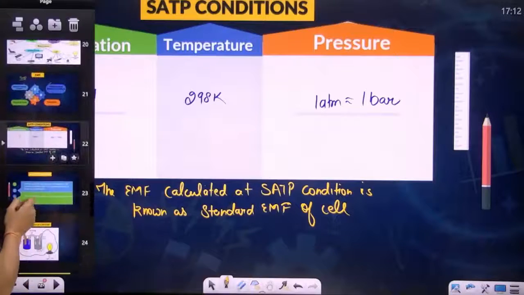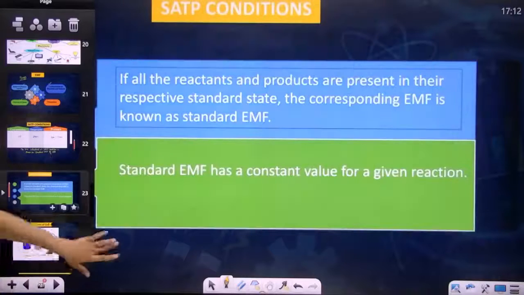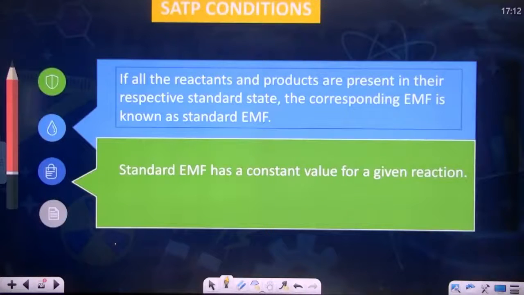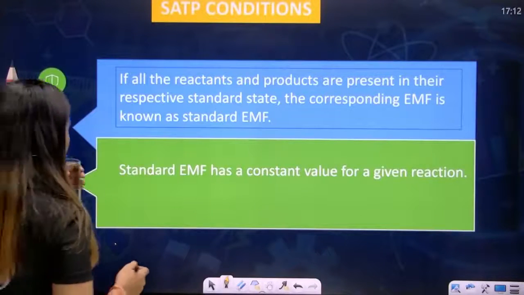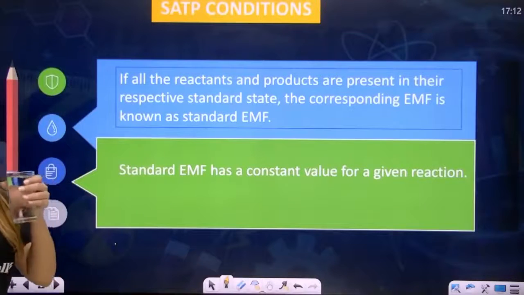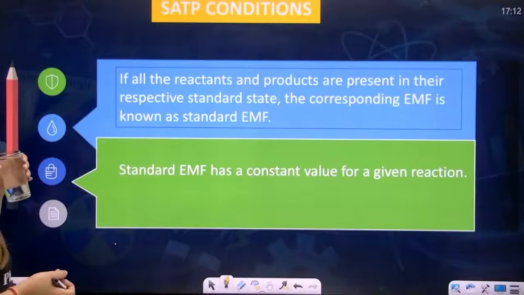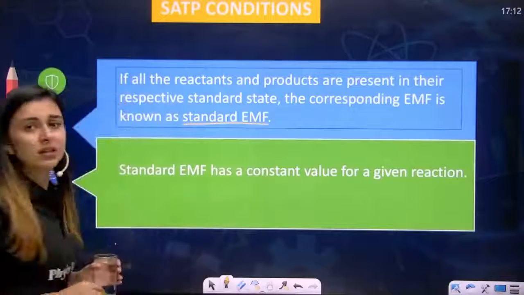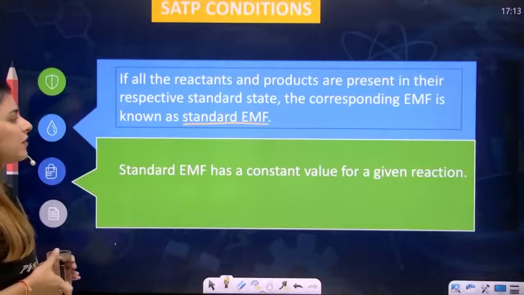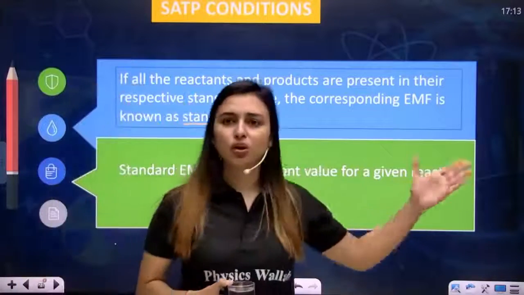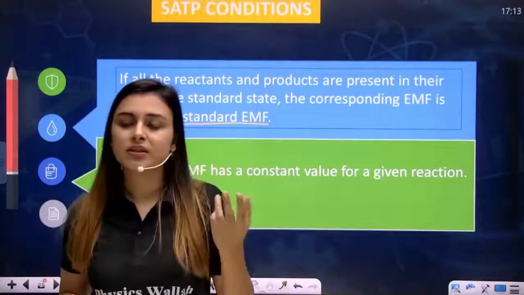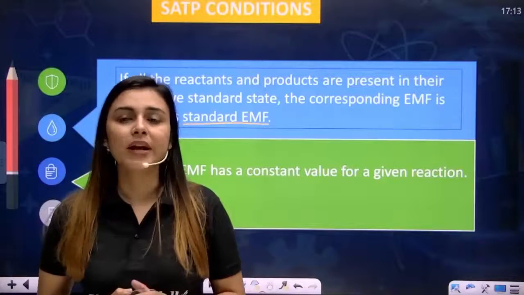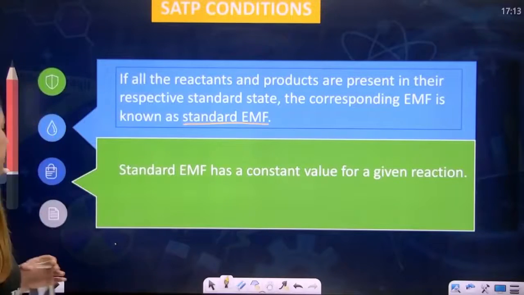SATP conditions stand for all the reactants and products being present in their respective standard state. Standard state means the temperature, pressure and concentration conditions. The EMF calculated will be known as the standard EMF. Standard EMF has a constant value for a given reaction. Obviously, since you have fixed the three conditions, the value will be constant for every reaction.